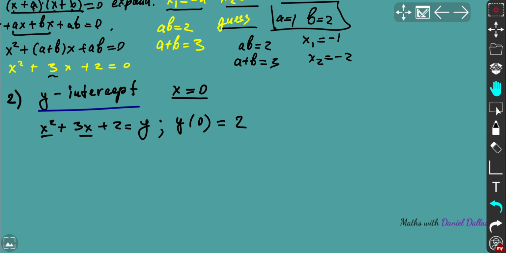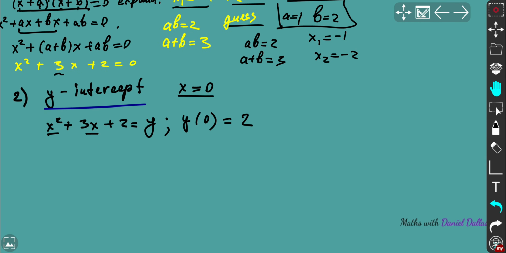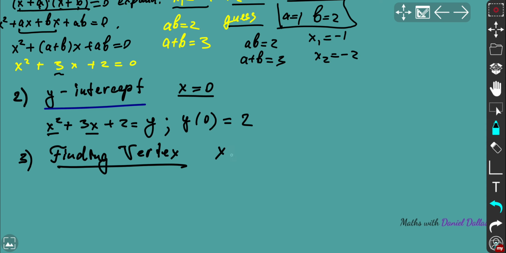So part number 3, finding the vertex. How to find the vertex of the parabola? We can simply use the formula for the x vertex as minus b over 2a. Just remember, we have the general form ax squared plus bx plus c.